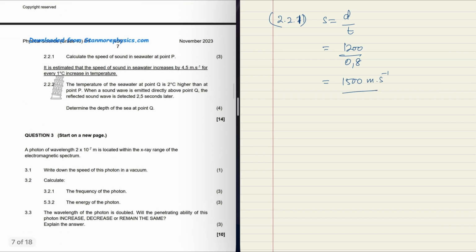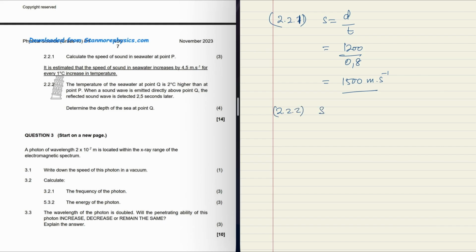They then tell us it is estimated that the speed of sound in seawater increases by 4.5 meters per second for every 1 degree Celsius increase in temperature. The temperature of the seawater at point Q is 2 degrees higher than that at point P. When a sound wave is emitted directly above point Q, the reflected sound wave is detected 2.5 seconds later. Determine the depth of the sea at point Q. So what we should calculate first is what the new speed is going to be.